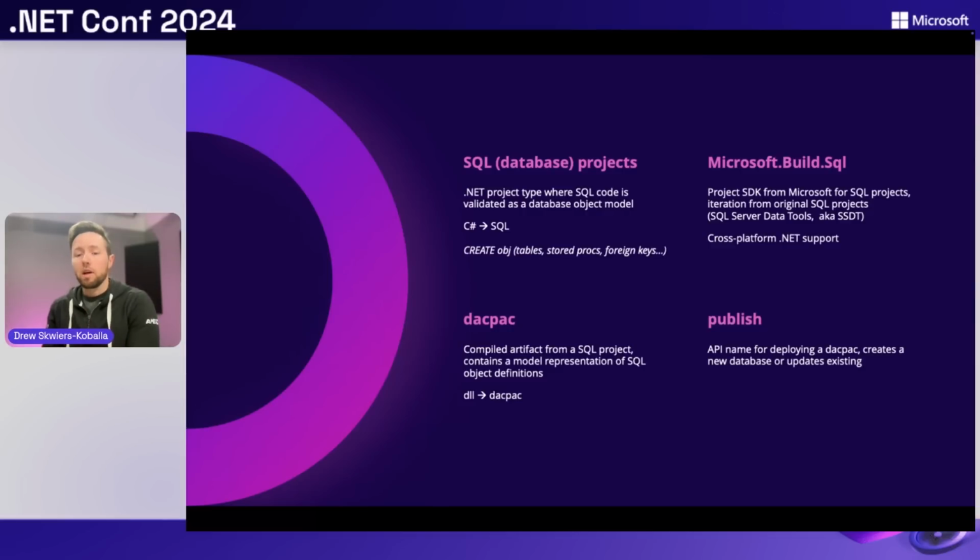What the projects SDK, Microsoft.Build.Sql, and the tooling around it also provides is not just a DAC file, like, here, good luck, but a whole set of tools and this API for being able to deploy a DAC, not just to a new database, but updating existing databases. So as you do continuous development, you can modify a database that exists already by applying a DAC to it.